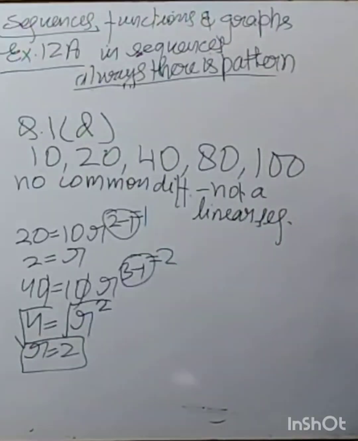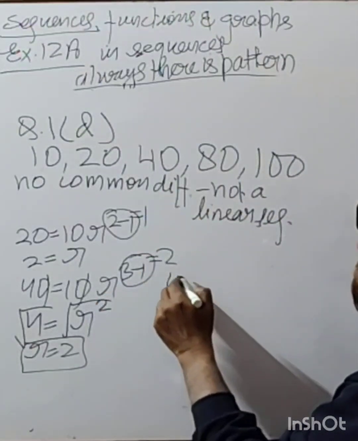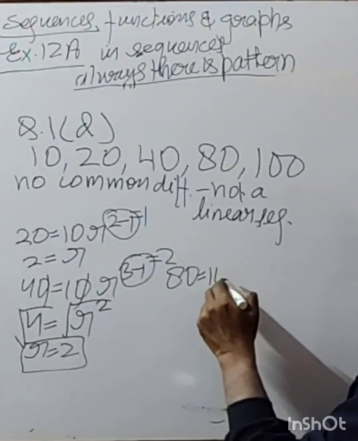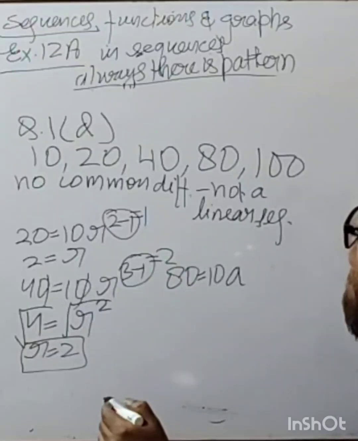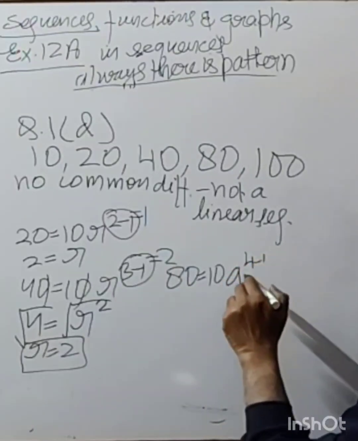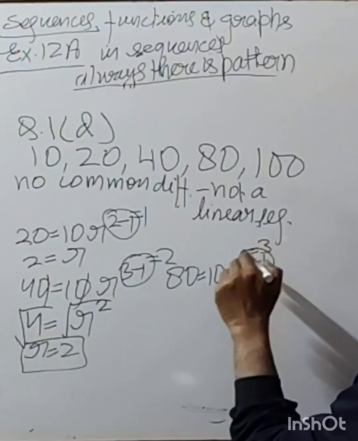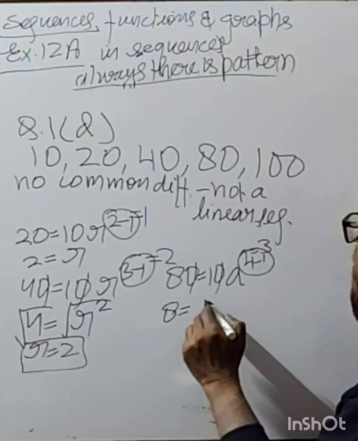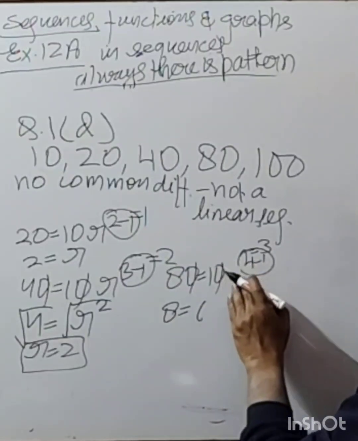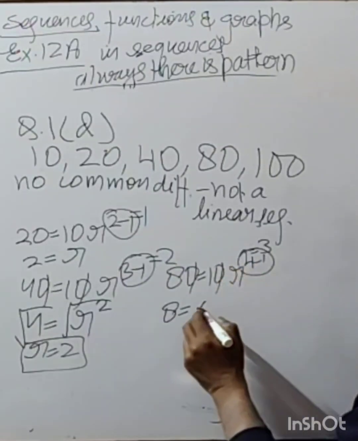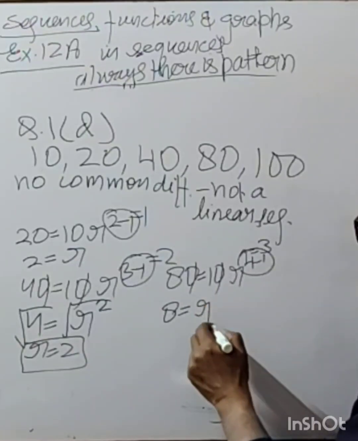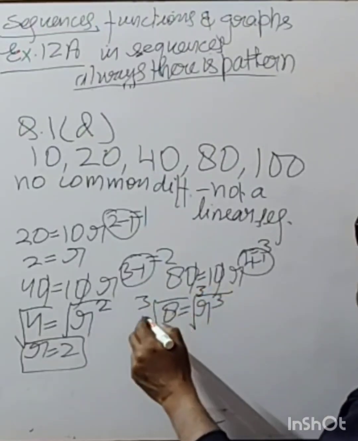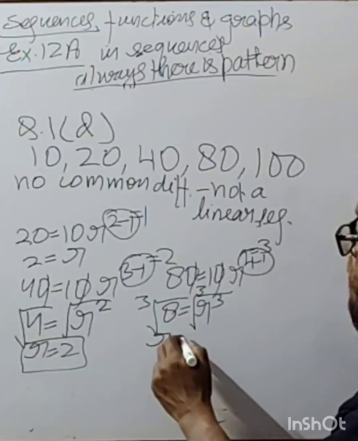If we take 80, 80 is equal to 10 r raised to 4 minus 1, it becomes 3. So 10 and 10 cancel, it becomes 8 is equal to r raised to the power 3. If we take the cube root on both sides, then r is equal to 2.